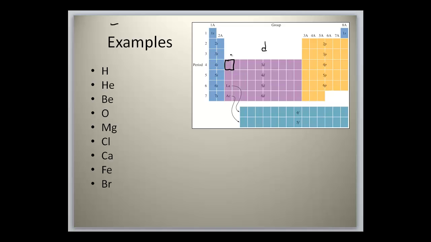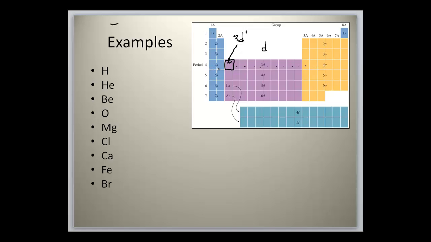So this block right there would be 3D1, 3D2, 3D3, 4, 5, 6, 7, 8, 9, 10, and then you go back to the 4 P's.